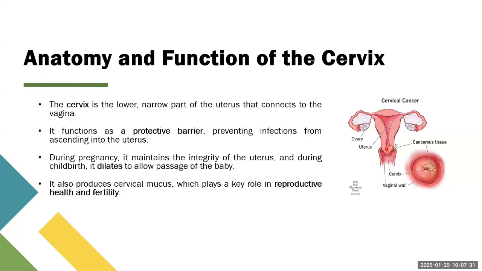Another function of the cervix is to produce cervical mucus, which has a very important role in reproductive health and fertility. On normal days, the cervix is tightly closed, and a mucus plug is produced by the cervical secretions and sits in the opening in this central area.